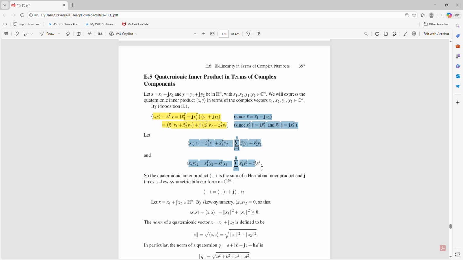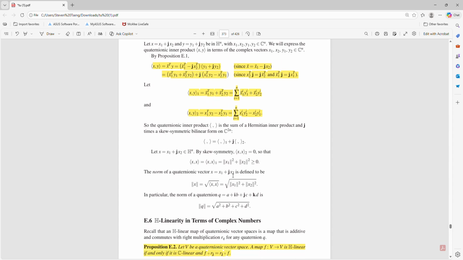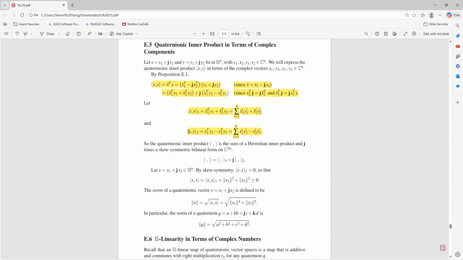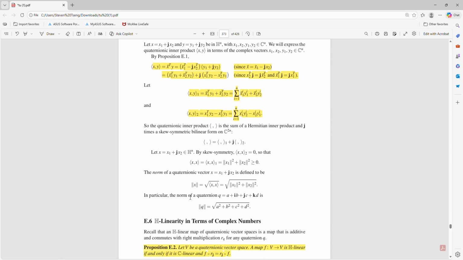And finally we get the two components of the inner product like this. And by this inner product, we can define the norm of the quaternion number, and it is like this.